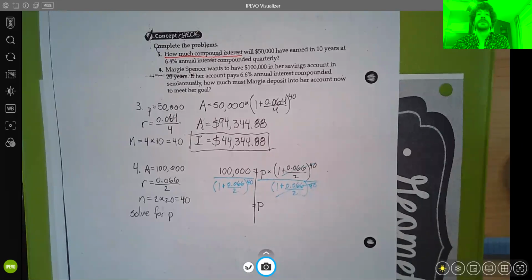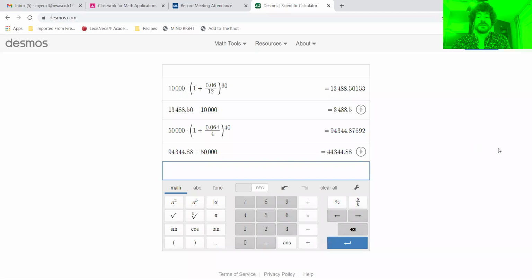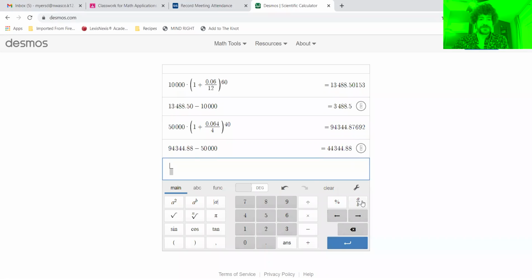All right, I'm gonna do a new share. Hopefully we can see the calculator now, this online calculator here. All right, here we go. I'm gonna do a fraction and I'm gonna have 100,000 on top.